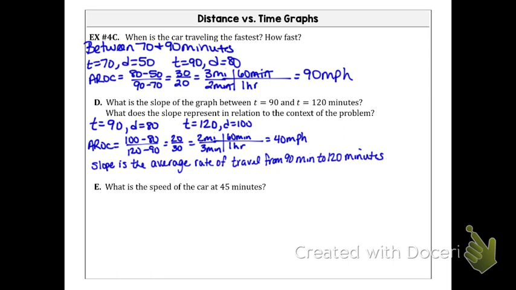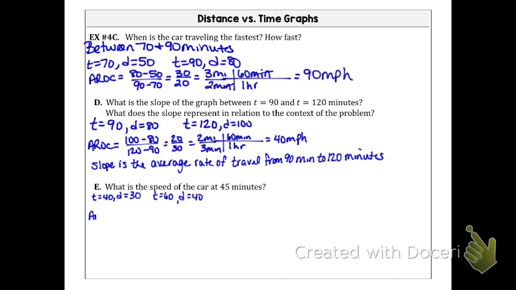All right, and E said, what is the speed of the car at 45 minutes? Well, let's see, some good points that they gave us. Maybe like 40 and 60 to help us there, get us close. It's kind of in a nice interval that's got nice, pretty points. So when time is 40, we can see our distance is 30. And when the time is 60, we know our distance is 40.